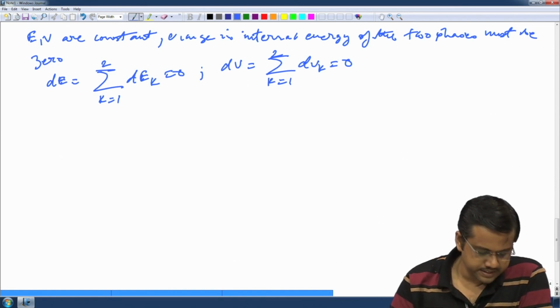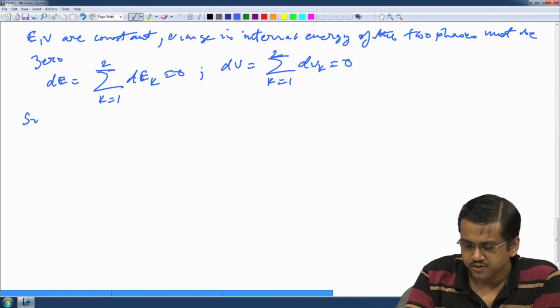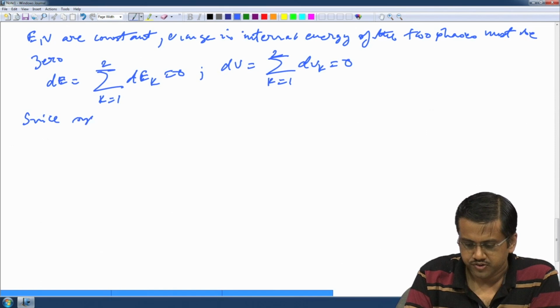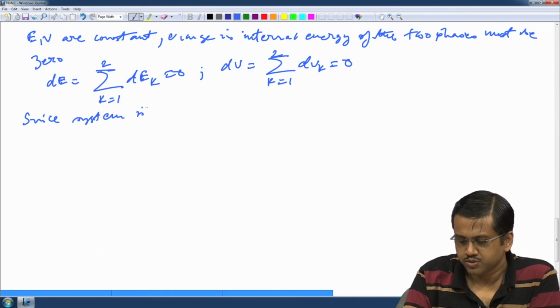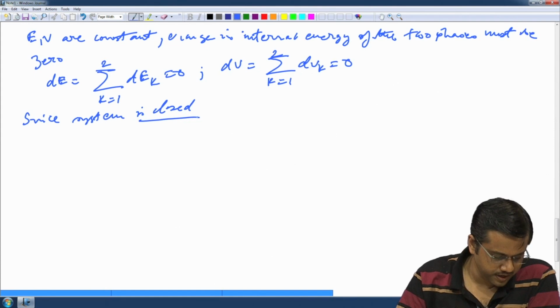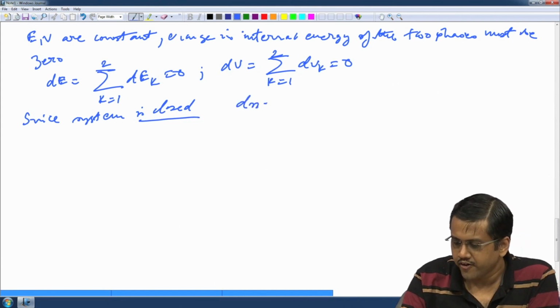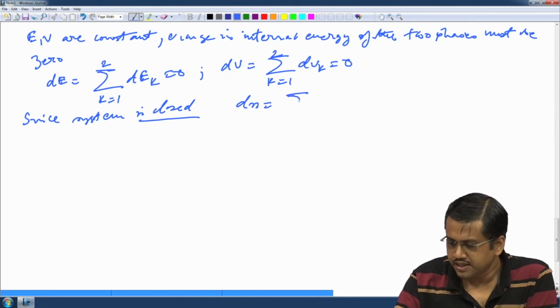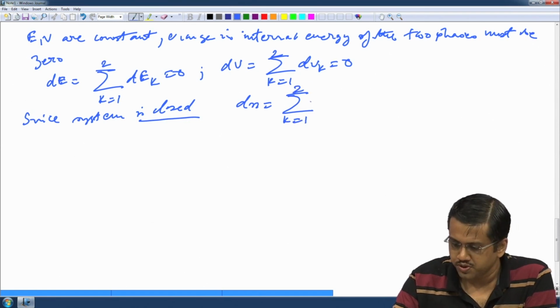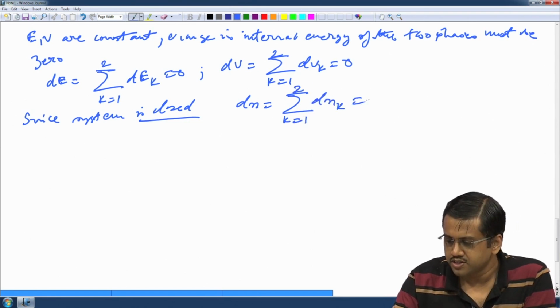Since the system is closed, dN, which is the summation over k equal to 1 to 2 of dN_k, is also equal to 0.